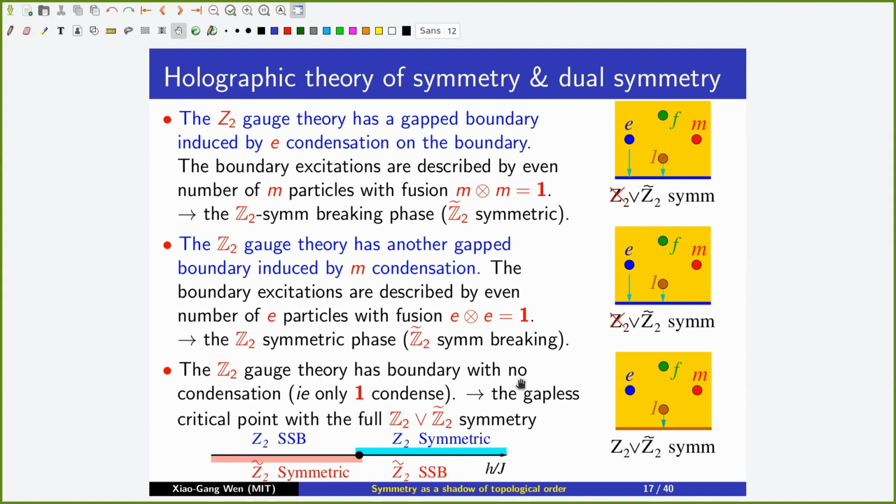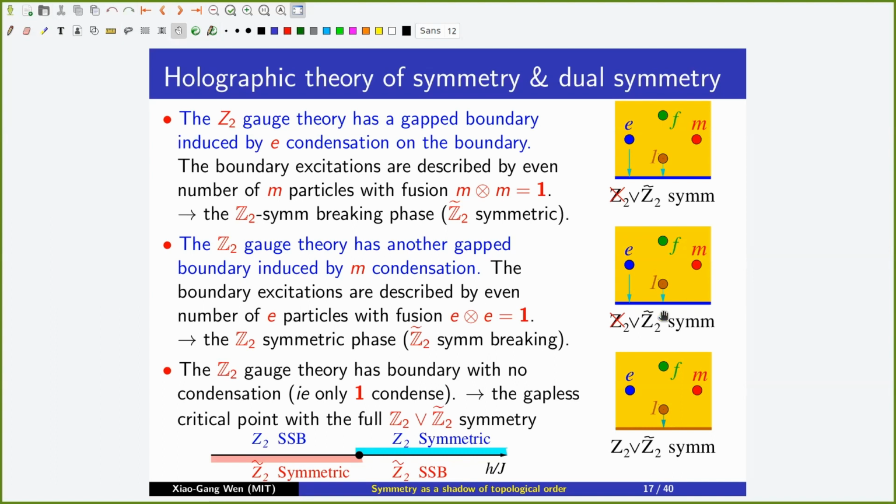And the things that can condense together in the bulk give rise to all the different boundary phases. This leads to another way to classify all different phases. And this classification, I think, is more general, more systematic, because it applies to any symmetry, even non-invertible symmetry. The resulting phase can be a symmetry breaking phase, as we discussed here. But sometimes we also obtain SPT phases this way. Certain condensed algebras give rise to SPT phases.